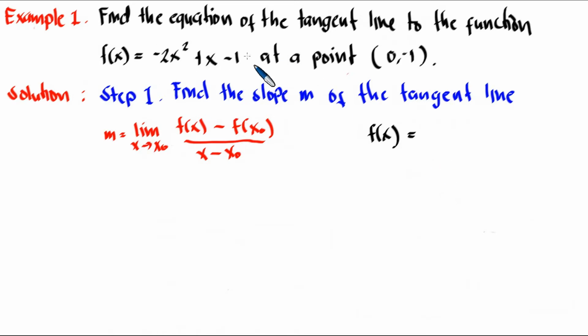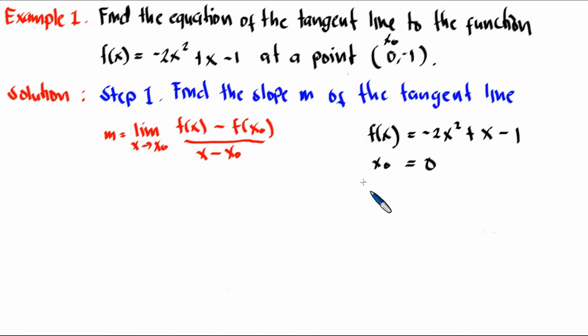So in this case, our f of x is equal to negative 2x squared plus x minus 1. And x sub 0 is just the value of x in the given point, which in this example is 0.